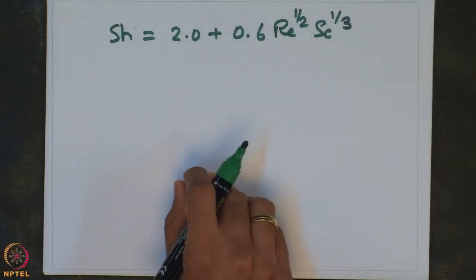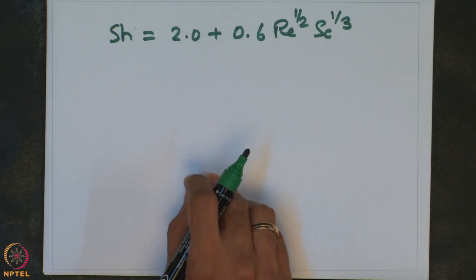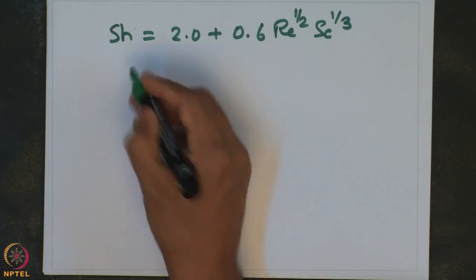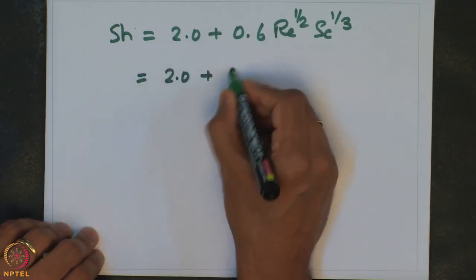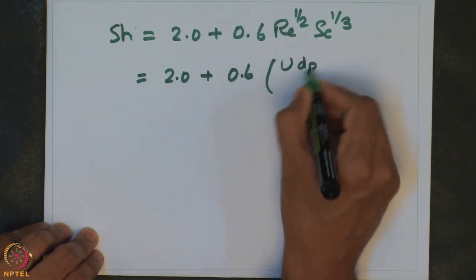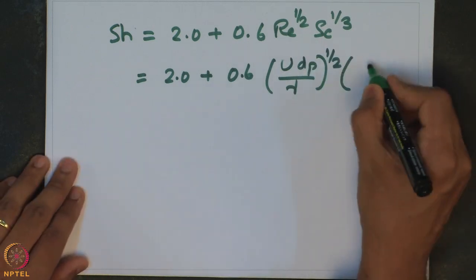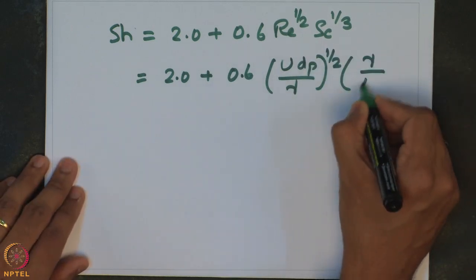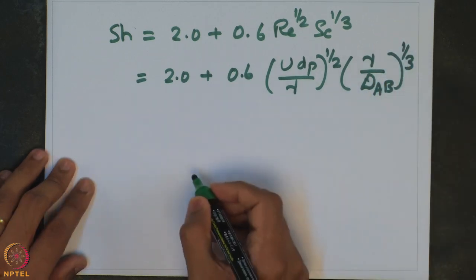Of 1 by 3. So, from here if we substitute the expressions for the Reynolds number and Schmidt number, we will find that this is equal to 2 plus 0.6 times (u d_p by nu) to the power of half, times the Schmidt number, which is (nu by D_AB) to the power of 1 by 3.